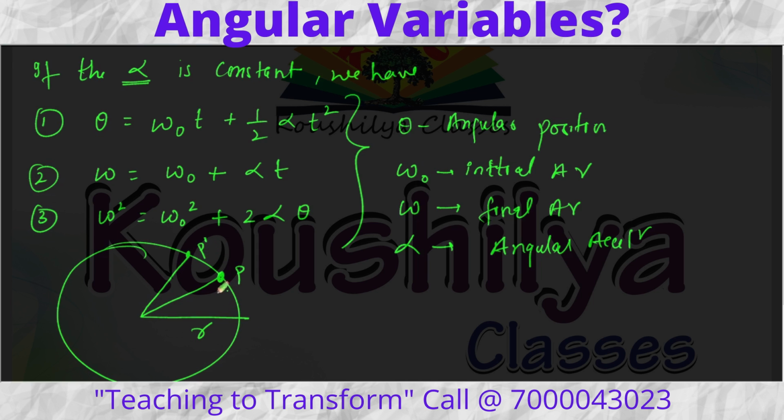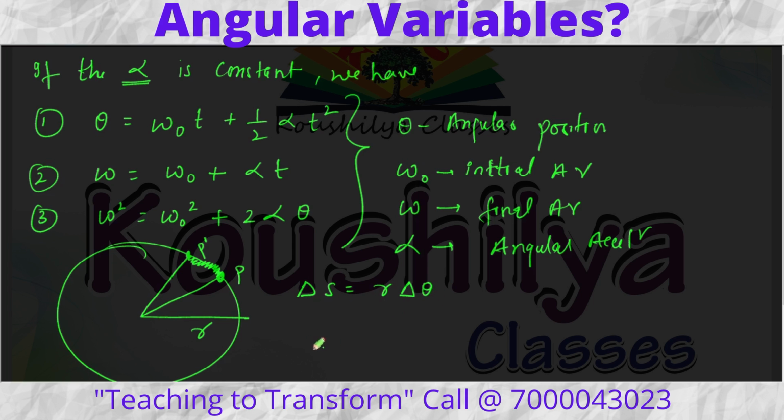So the linear distance pp dash traveled by the particle in time delta t is given by delta s is equal to r delta theta.